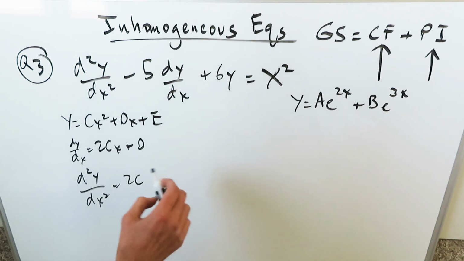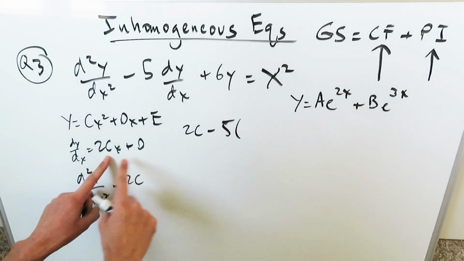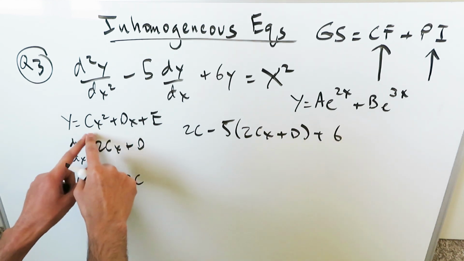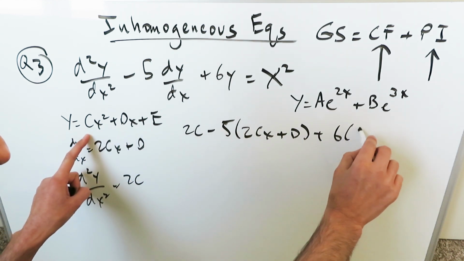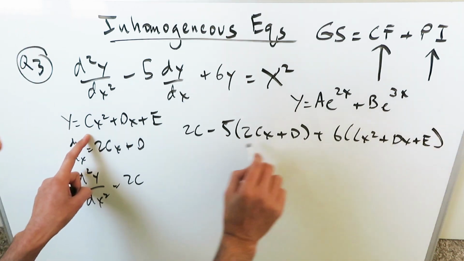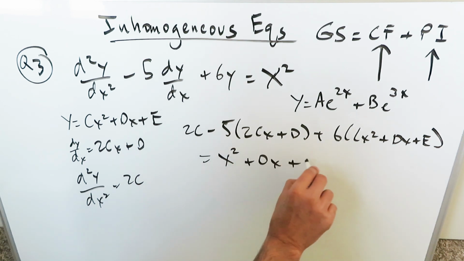This part gets messy now. Our second order derivative here is 2c, minus 5 times your first order, which is 2cx plus d, plus 6 times y, which is all of this, cx squared plus dx plus e, all equal to x squared, but write this out as x squared plus 0x plus 0.